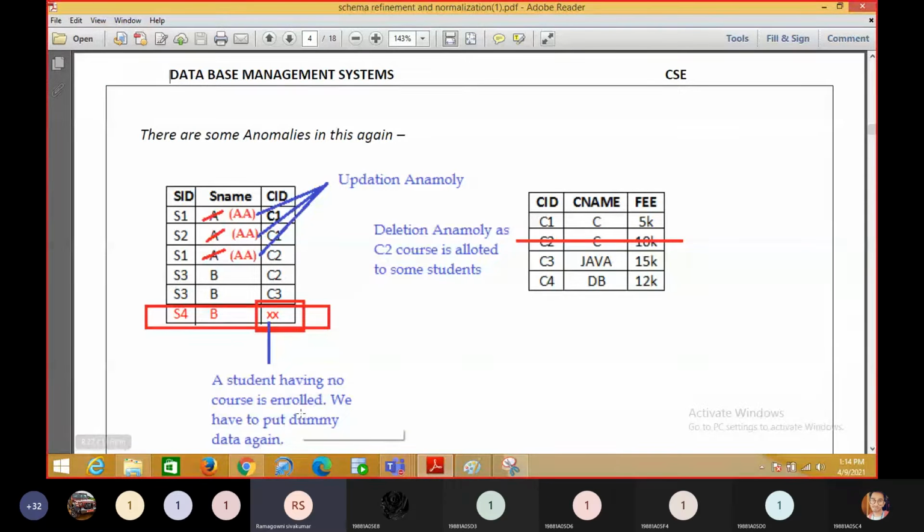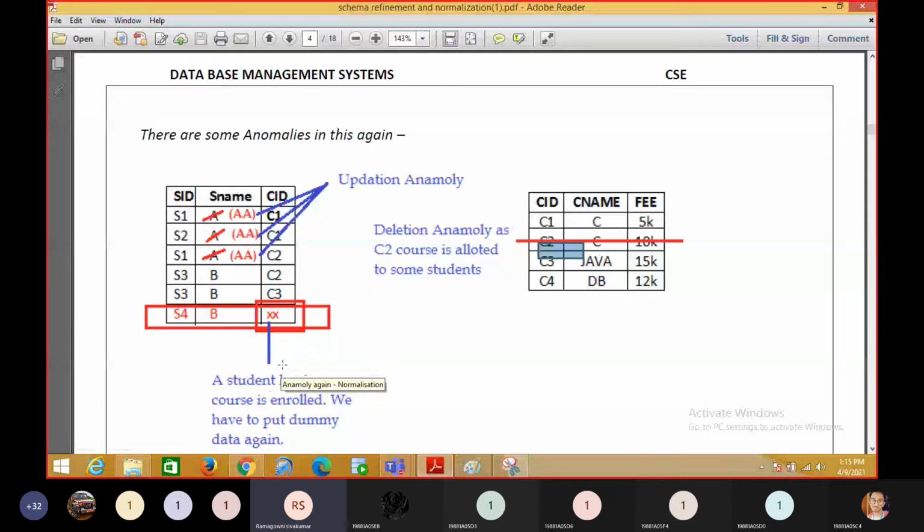See here, for a student having no course enrolled, we have to put dummy data. So all the anomalies we are performing in one table: update, insert and delete. If you are trying to delete student information, it is going to delete course information also.